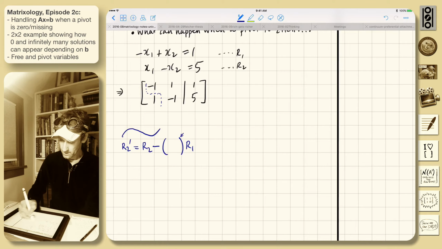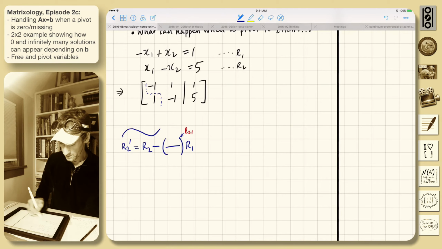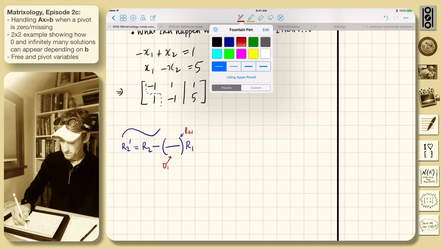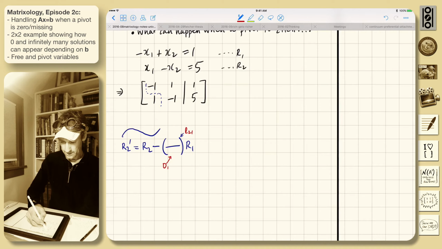This is, as usual, L21. 2 is for the row that's being affected, row 1 is the one that's doing it. On the bottom will be the first pivot, the pivot corresponding to the row that's doing the work. So that's a -1.